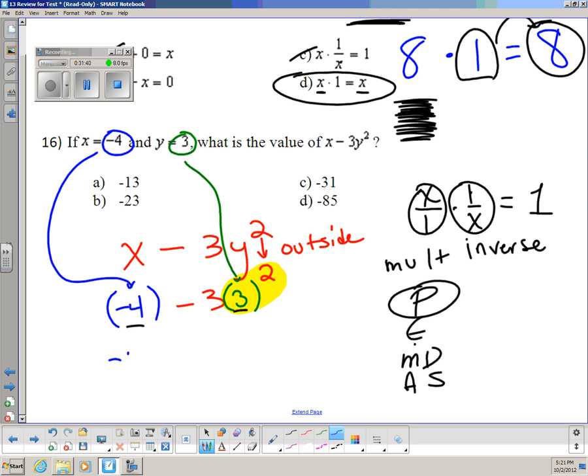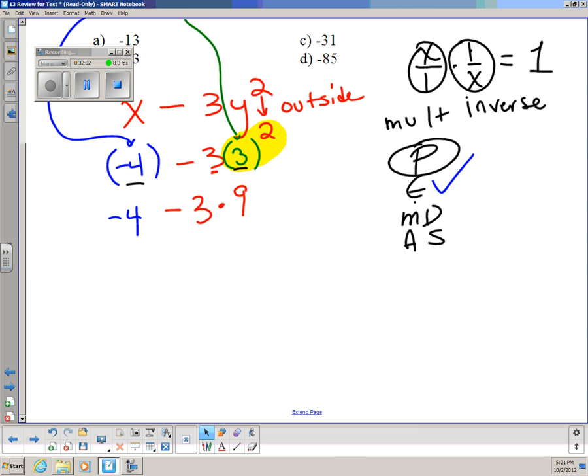So I have -4, which I won't write with parentheses anymore because there was nothing to do, minus 3 times, because that's what these outer parentheses meant with respect to the 3, the red 3 and the green 3. 3 times 9. Okay, so I took care of the exponents. Now I look for any multiplication or division problem from left to right.